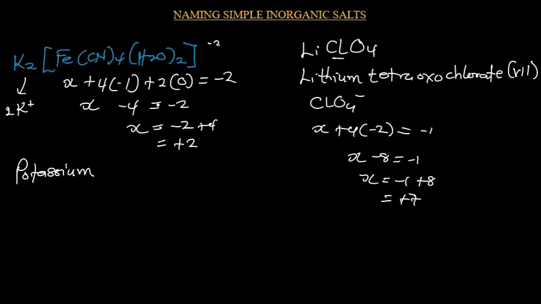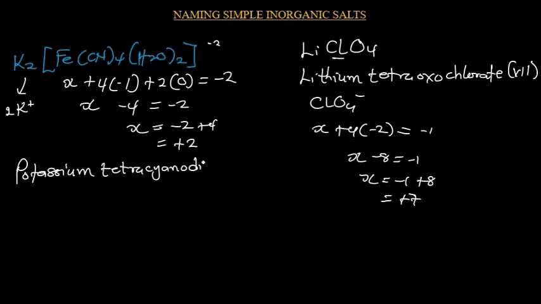So the first thing we have to do is to name the cation, which is potassium, and then we name the anion. We name charged ligands first before neutral ones, okay? So we have tetracyano, how many water? 2.